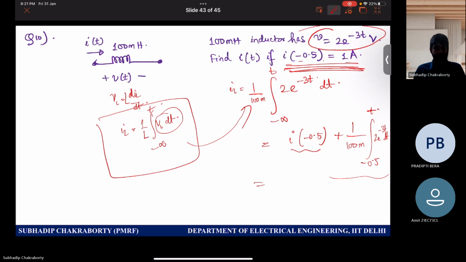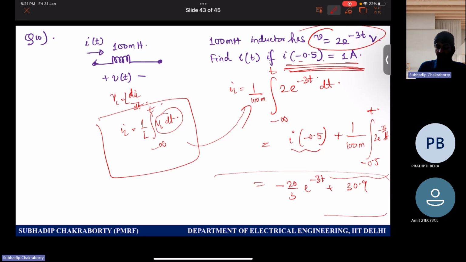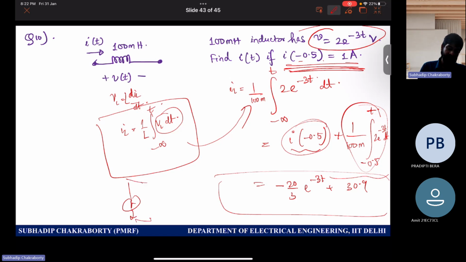So you can get the answer, I will write it for you. Minus 20 by 3 e to the power minus 3t plus 30.9. So why did I add the 0.5 and this? It is just the initial condition model, where the current source and the inductor are in parallel with it.